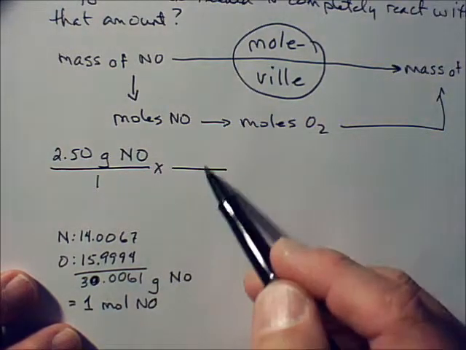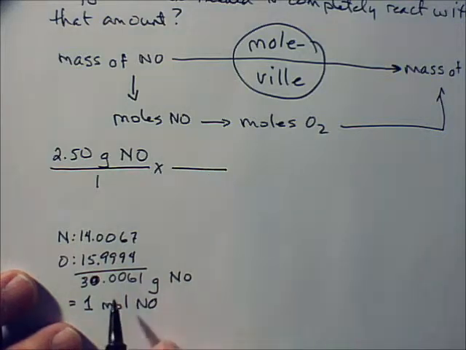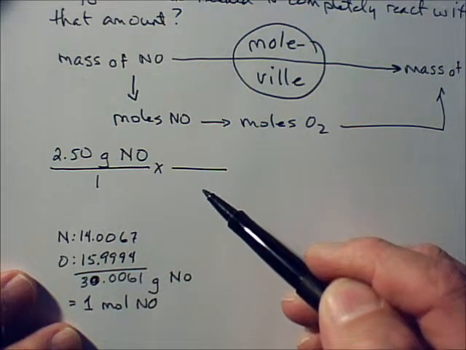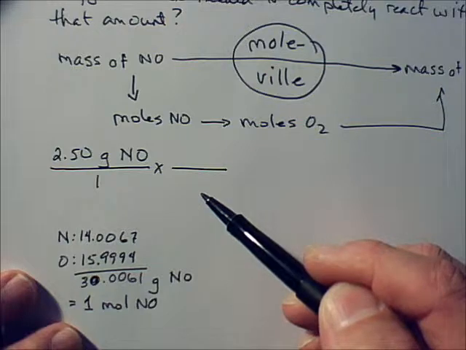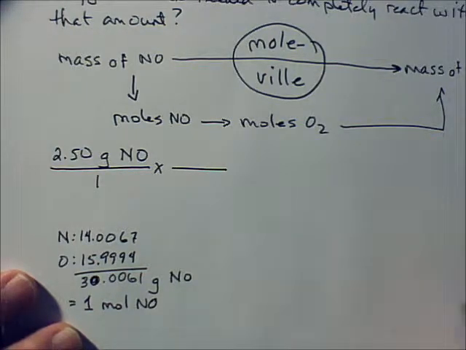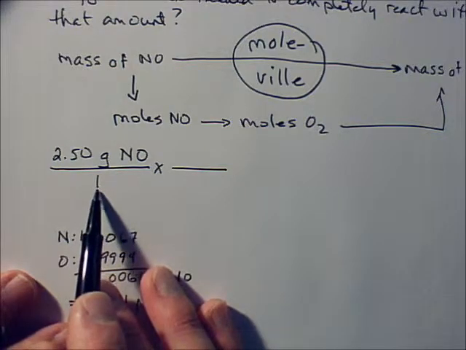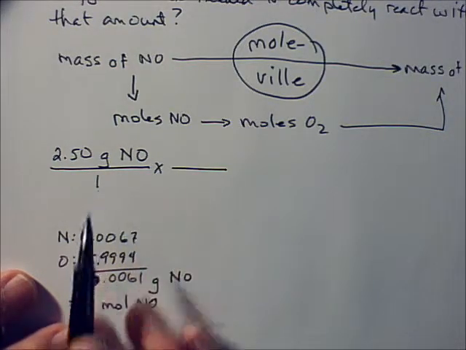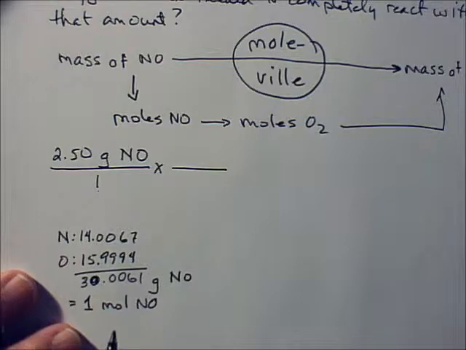Okay, for the conversion unit then, we need to take the side of the equality statement that matches our starting amount and put it on the bottom of the conversion factor, the conversion unit. Just 1. We put that as a placekeeper down here. Okay?